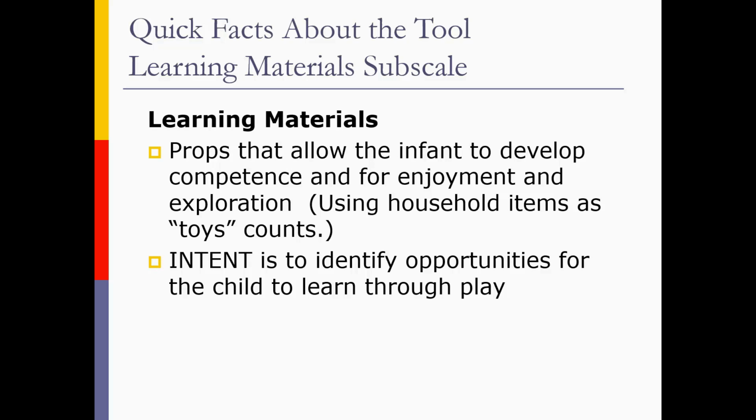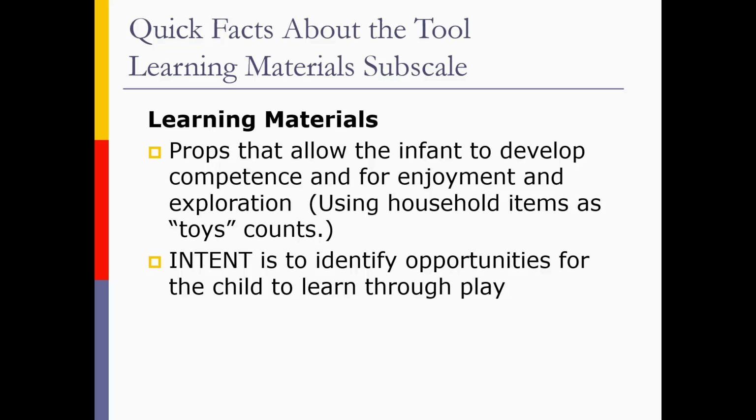In addition, there's another subscale which looks very specifically at learning materials. Learning materials are props or objects that allow the infant to develop competence and for enjoyment and exploration. It's okay and actually good during the home observation to consider household items as toys if they're able to be used in that way.